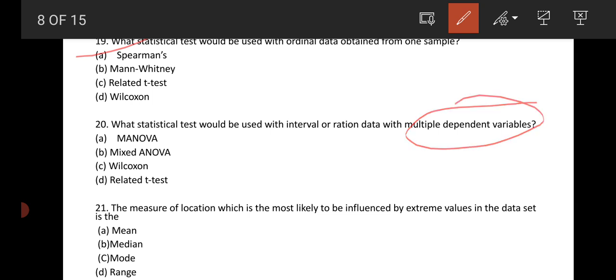If there is the term multiple dependent variables, the option is multiple ANOVA. ANOVA is analysis of variance. ANOVA is only for a single dependent variable. Multiple ANOVA is for more than one dependent variable.